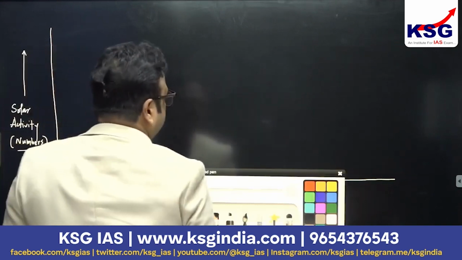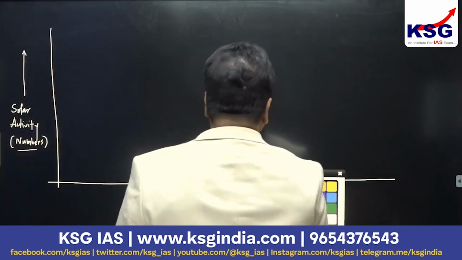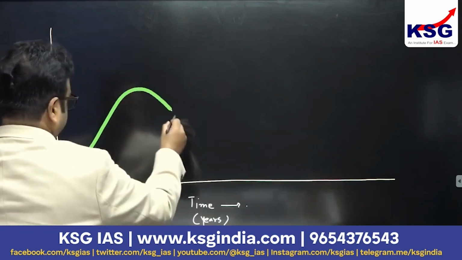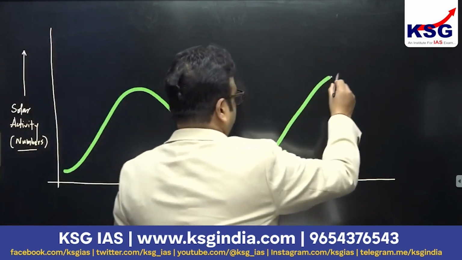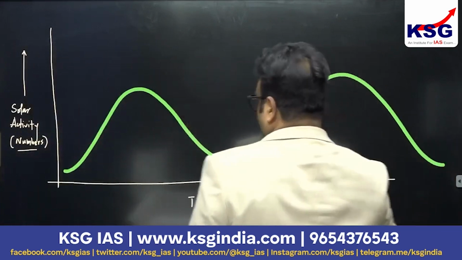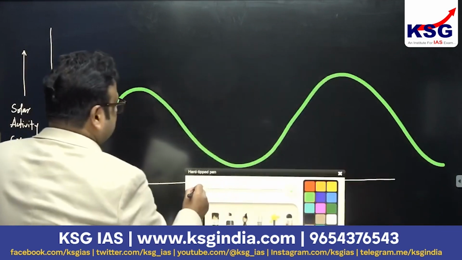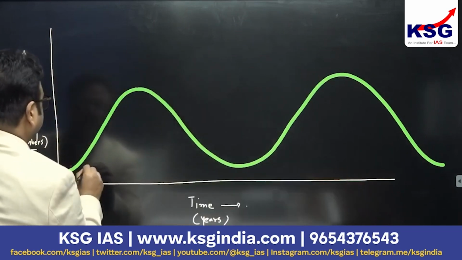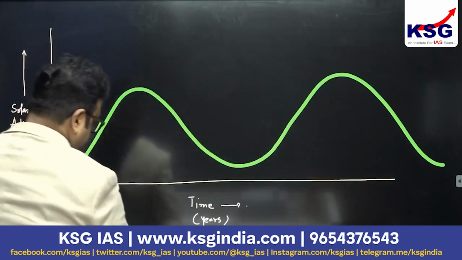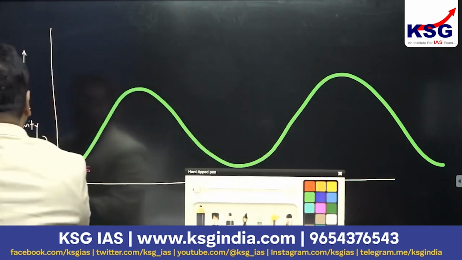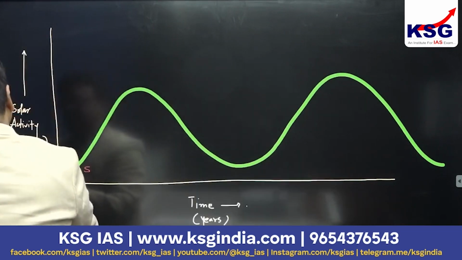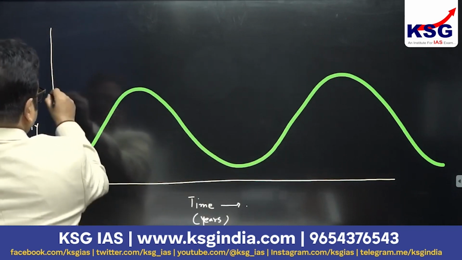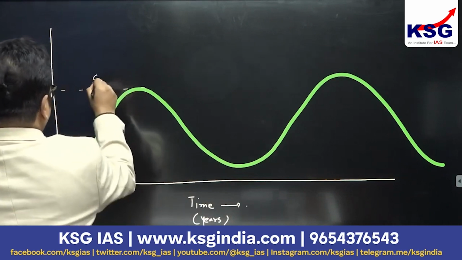So we are going to have a graph that goes like this. This is how the graph will go, where this lowest point represents solar minima, and here it represents solar maxima.